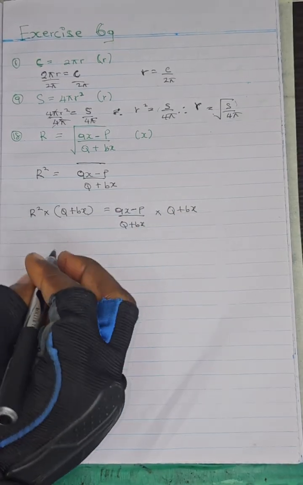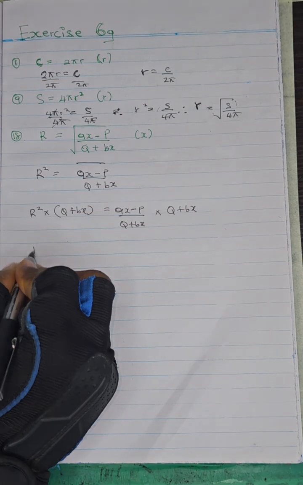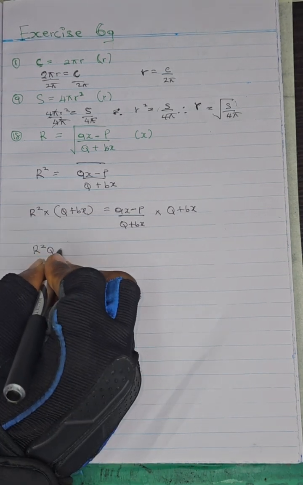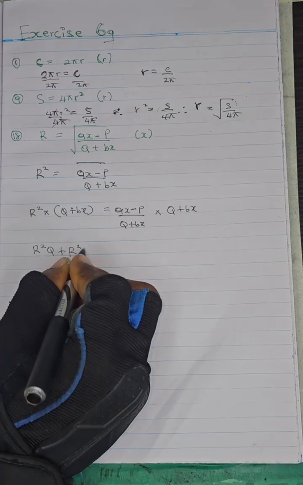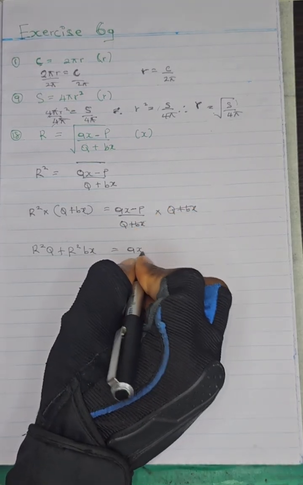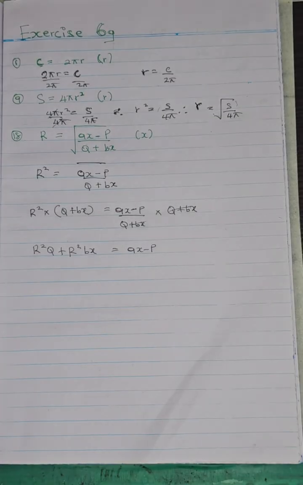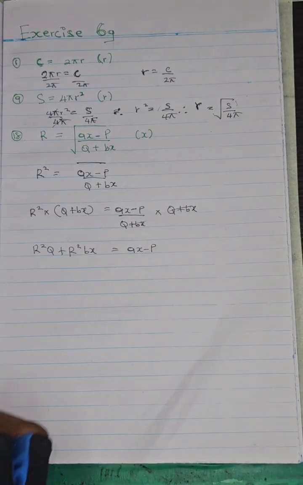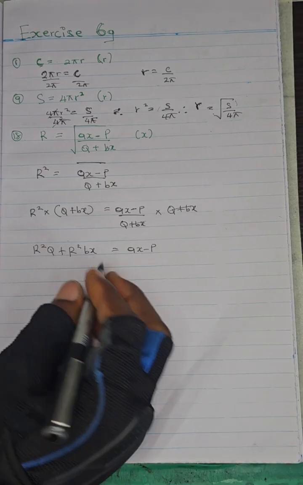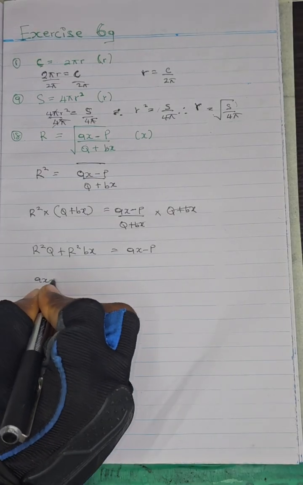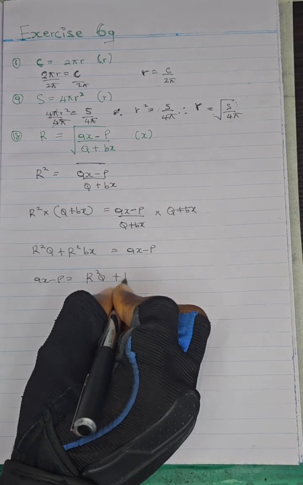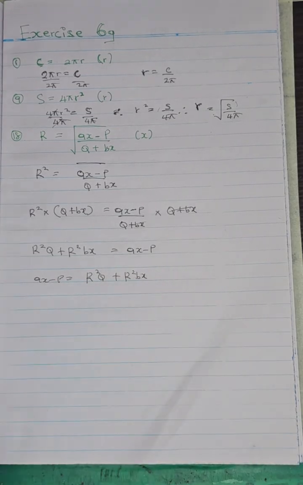In this case, we have r squared q, and r squared times bx, we have r squared bx. But in this case, this will just cancel out, so the answer will just remain ax minus p. Are we together? Let's rewrite this as ax minus p is equal to r squared q plus r squared bx.